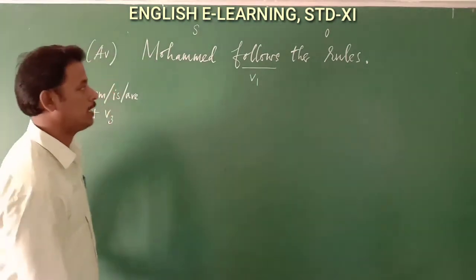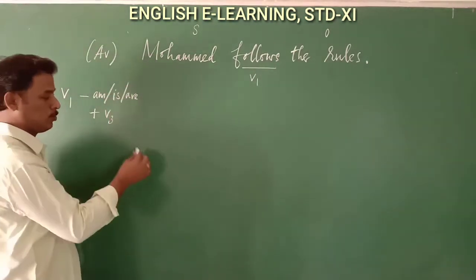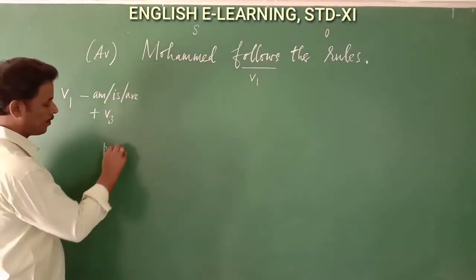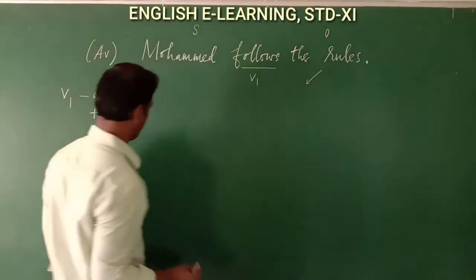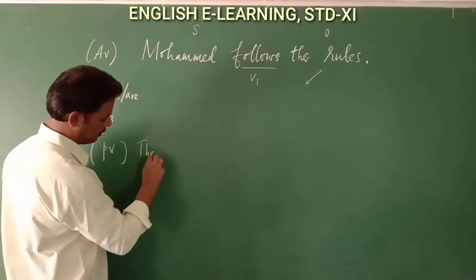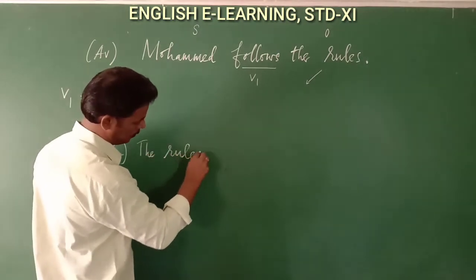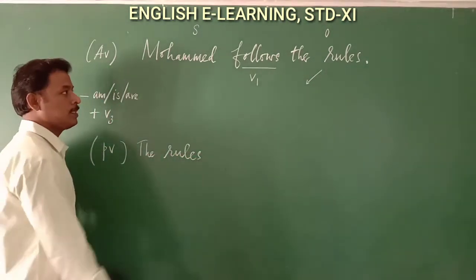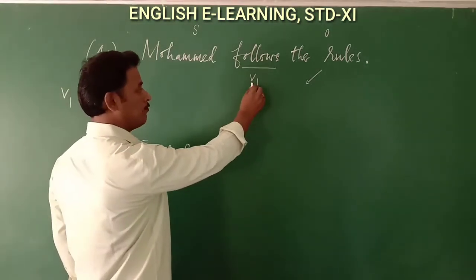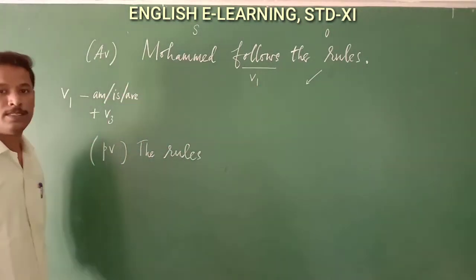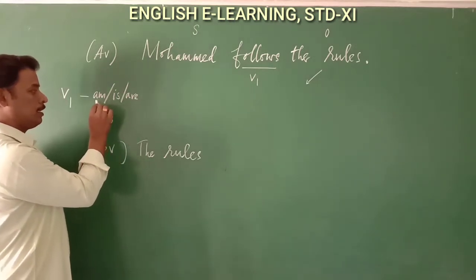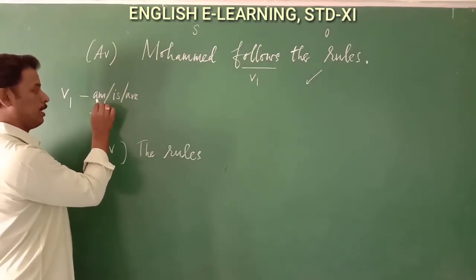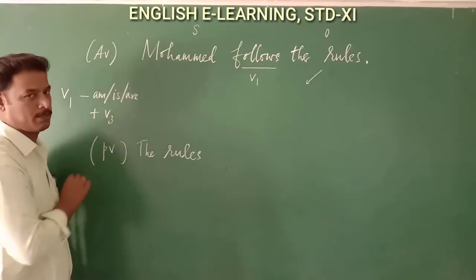So, in order to change an active voice into passive voice, we have to bring the object first. Okay, the object is the rules. Okay, then the main verb, verb 1, should be changed according to the rule. Here, the be form verbs can be used, am, is, are plus verb 3.